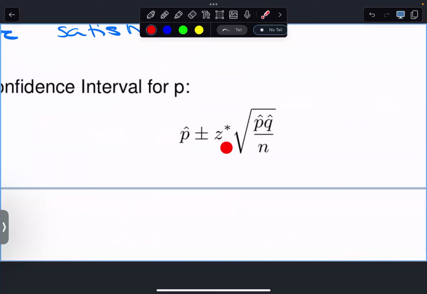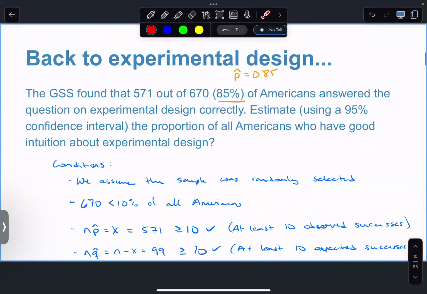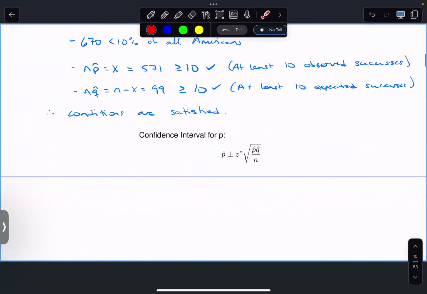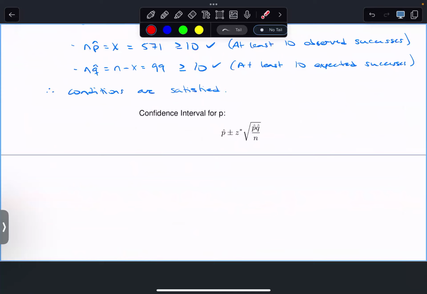I need my z star for a 95% confidence interval, 1.96, or you can use your table, but we were told to use a 95% confidence interval. P hat again, 0.85, q hat 1 minus 0.85, and n is 670. So we have all the things that we need.